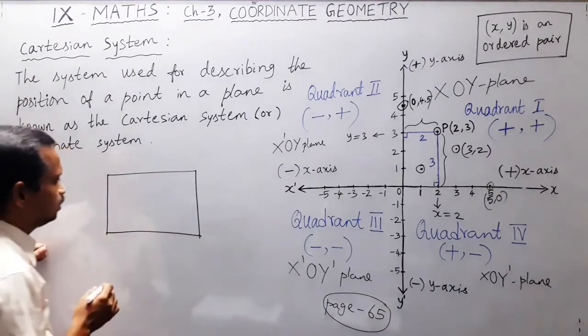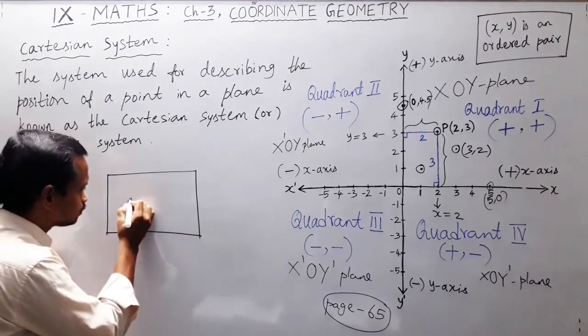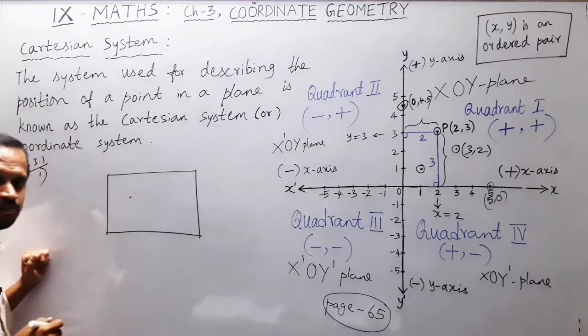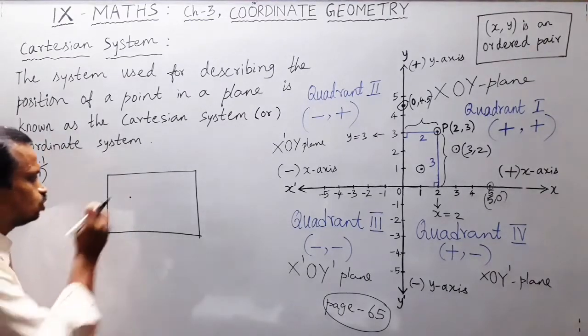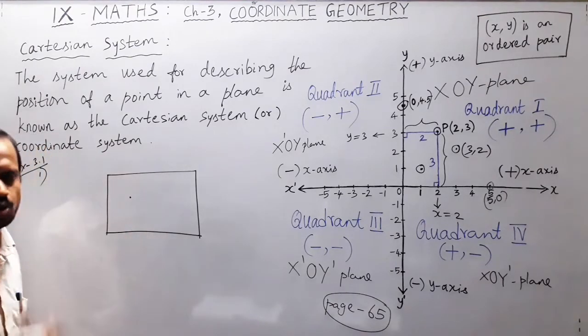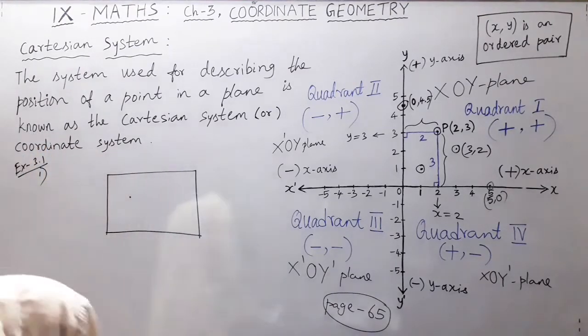So above the tabletop, for example, this is the point which denotes the position of the lamp. How to give the coordinate there? Because they are asking how will you describe the position of your table lamp on your study table to another person.